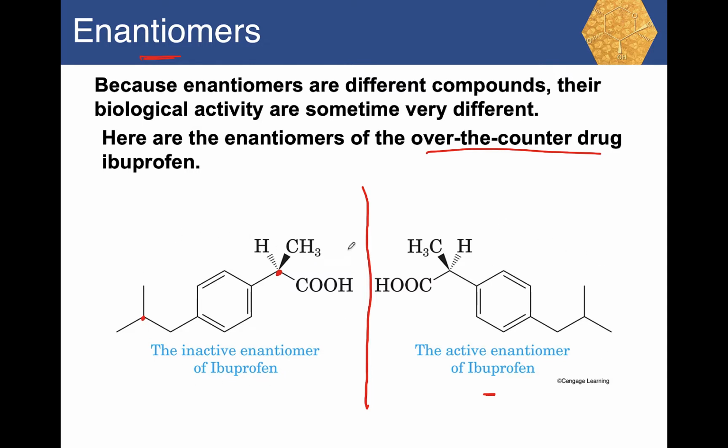So whenever you buy ibuprofen, you really are buying 2 molecules of ibuprofen, and they are different. One is inactive and the other one is the active enantiomer. That's the painkiller.